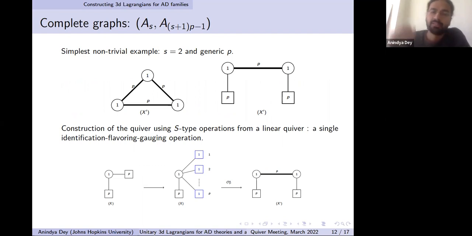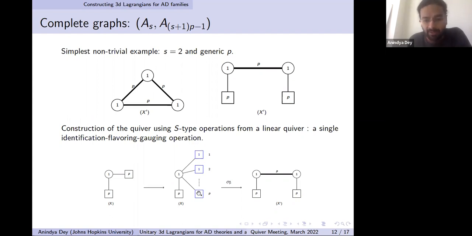So I want to figure out if this quiver has a Lagrangian mirror, using what we just learned in the earlier slides. Now, you can check that this could be done in the following fashion. So suppose I start with a U1 theory with 2P flavors. Okay. And I divide the flavor symmetry in this fashion, and then I take the UP factor and break it up into P U1s like this.